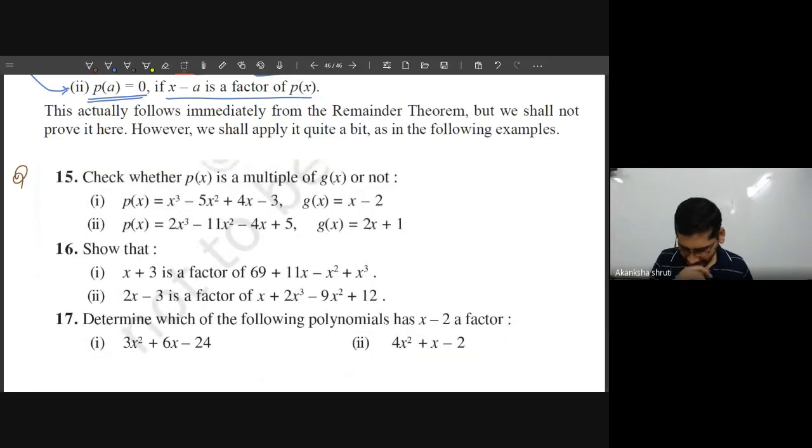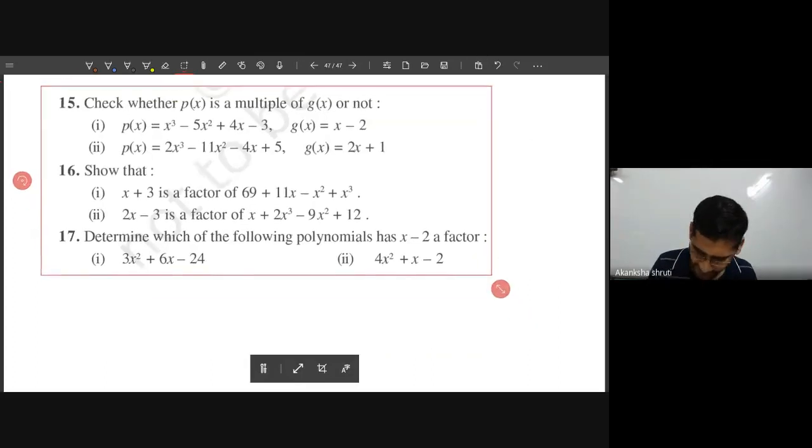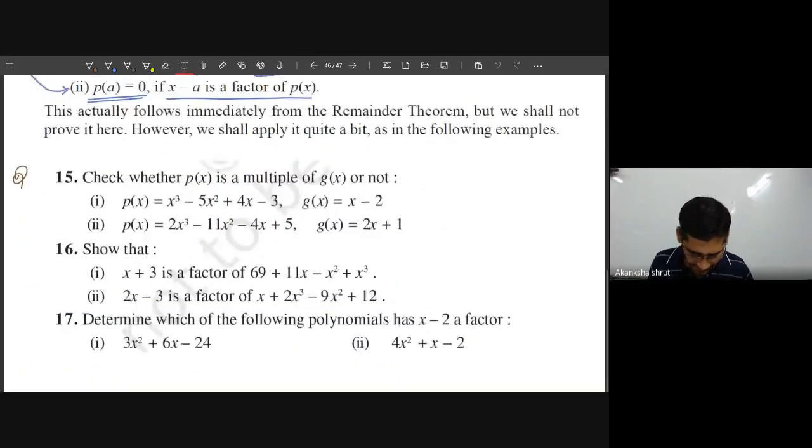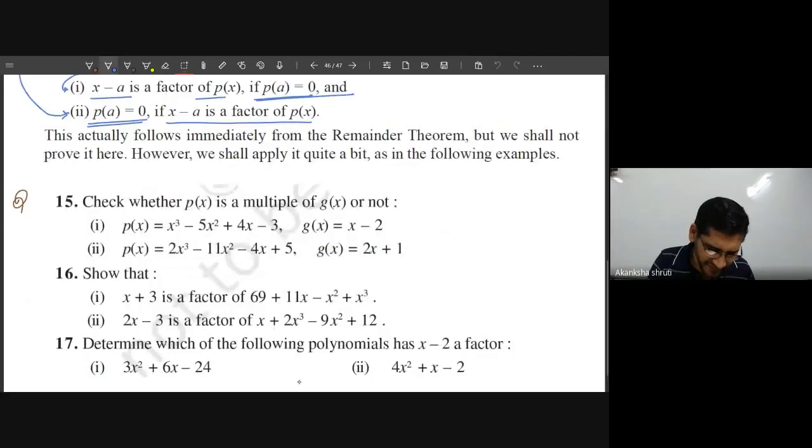Let me copy these questions to a new page also. Students, these are our exemplar problem exercise 2.3.